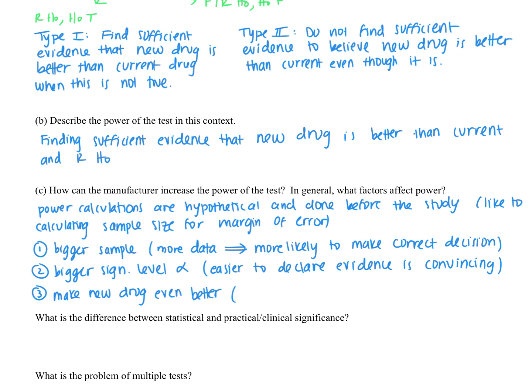What that means in general is make a bigger difference between the true value and the null. Now, that's not practical because we don't know the true value. All we know is the null. So that's why I say that one is not practical. We okay?